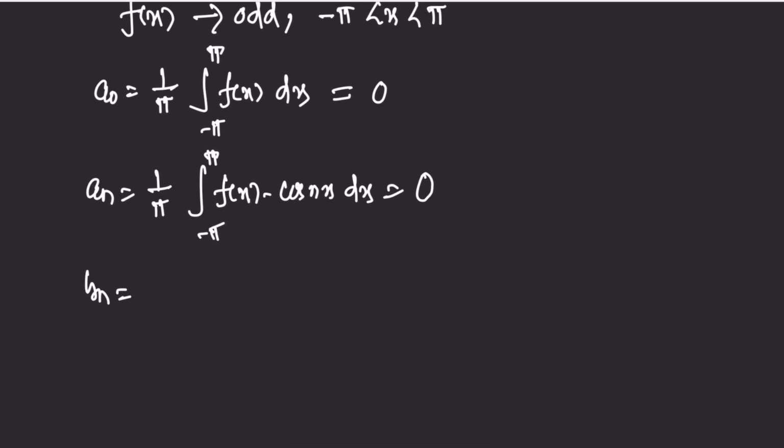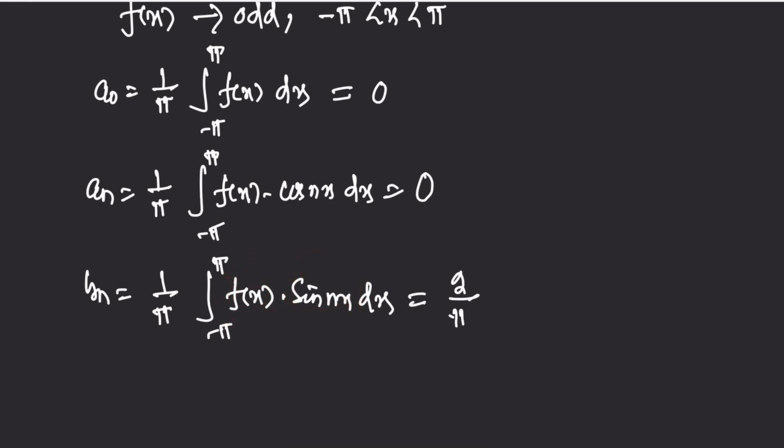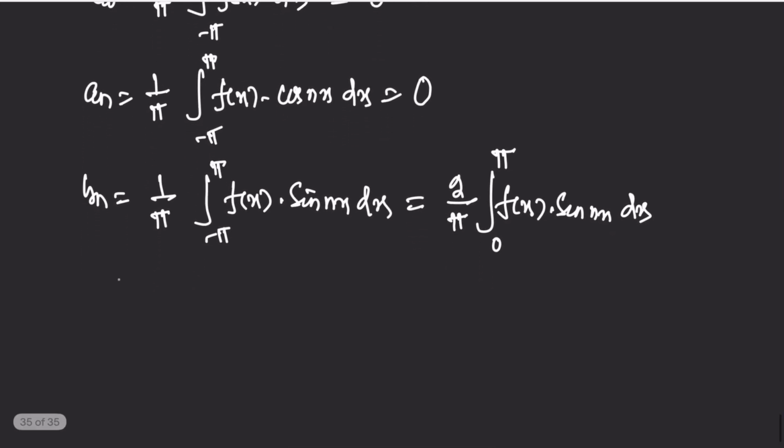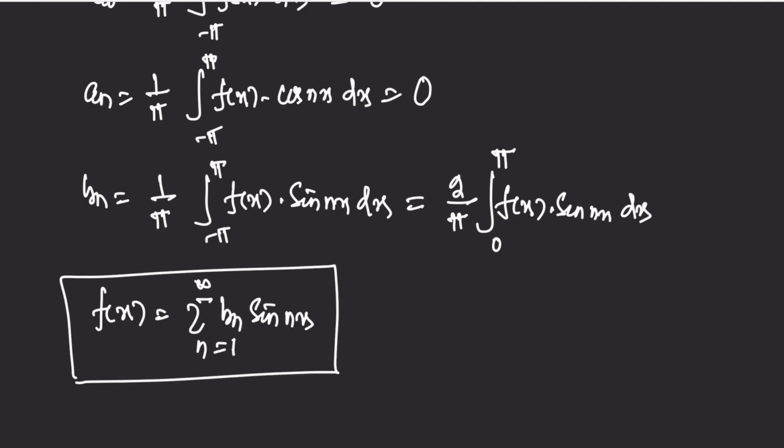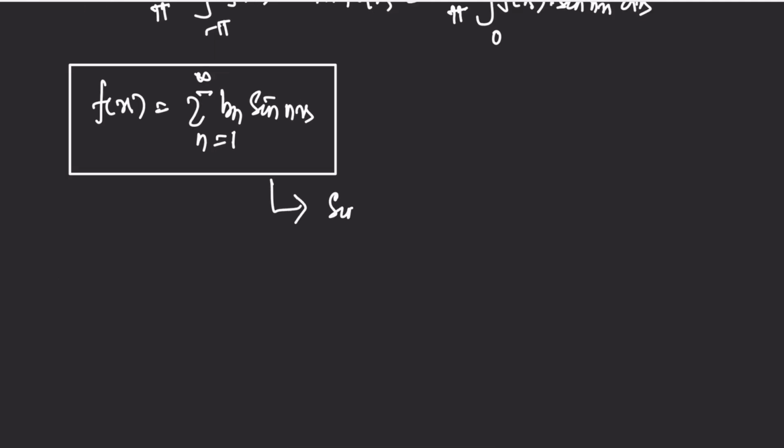Bn is, f of x is odd, sin nx is odd, the product of two odd functions is even, so the integration becomes... Hence the series becomes... As the series contains only sine terms, it is known as a sine series.